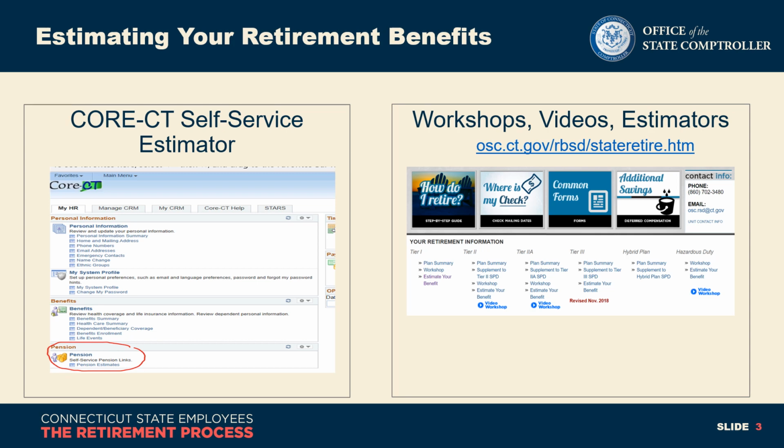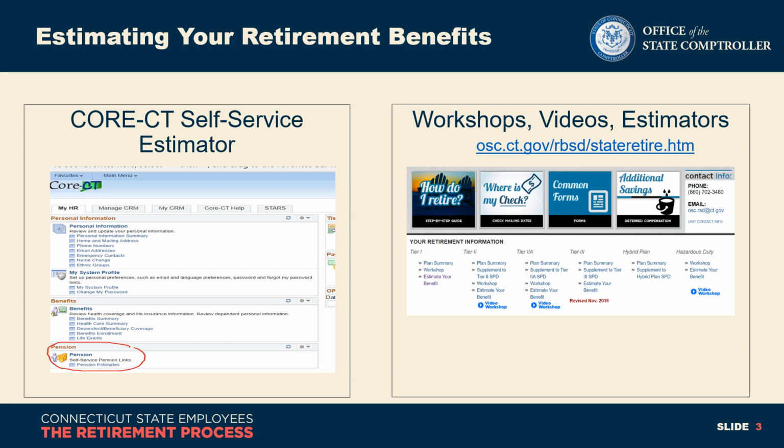For members who do not have this tool, know that you will have this as an option in the near future as we continue to work through our analysis and data corrections, starting with members who are closest to being eligible to retire. If you already have this tool, you'll find a link to the estimator on your Core CT homepage in the box marked Pension in the lower left-hand corner.